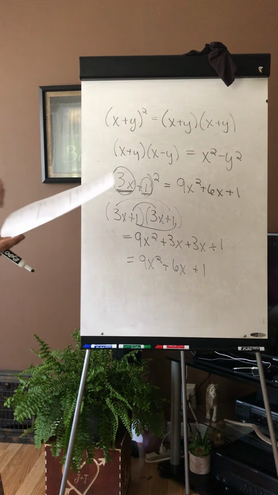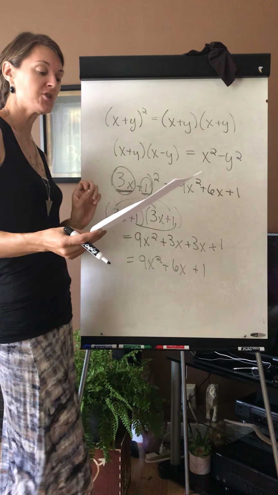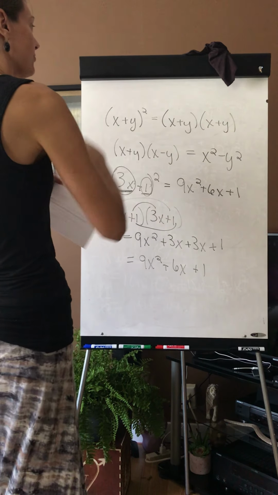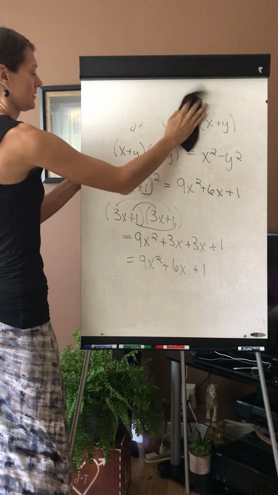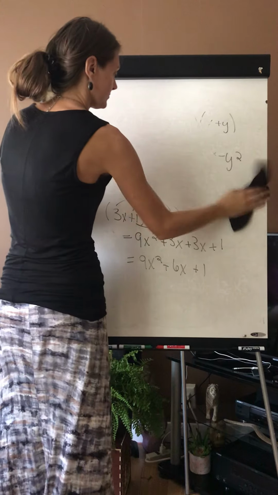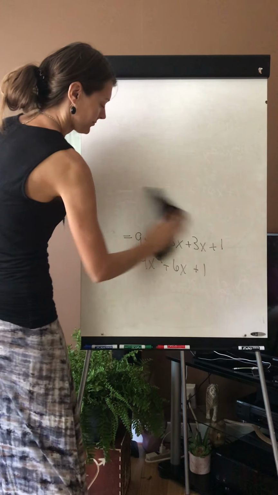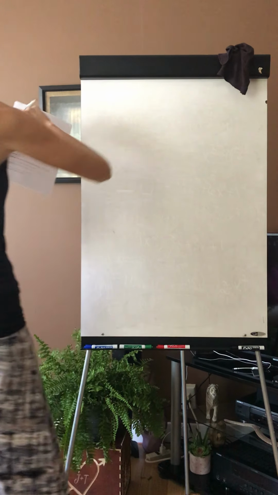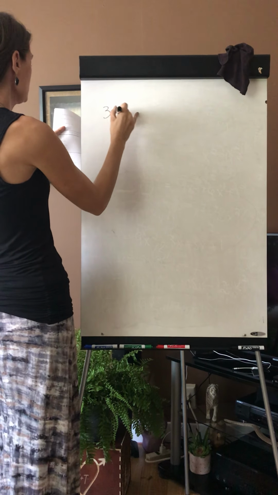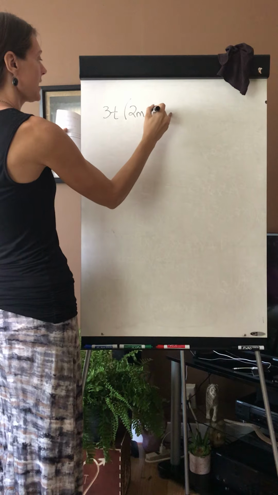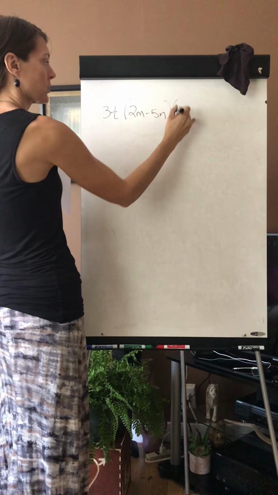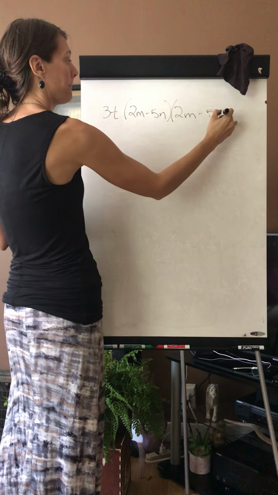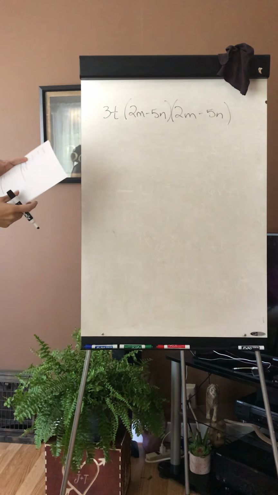Okay, so the second example is very similar, except you have that 3t out front. So again, we'll have the 3t, and then we have 2m minus 5n. That value is squared, which means I'm multiplying it by itself 2 times.